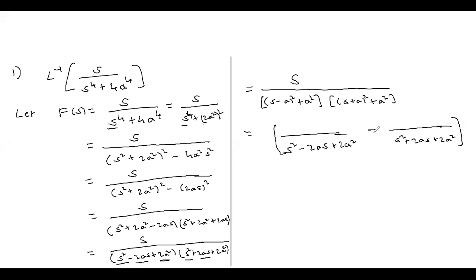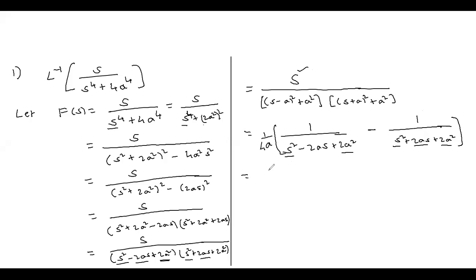See, I have written minus here. That means s square gets cancelled, 2a square gets cancelled. So what is remaining? Minus 2as minus 2as is 4as. But the numerator has only s. That means I have to divide by 4a. Do you agree? Yes.